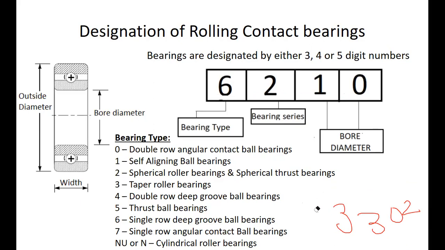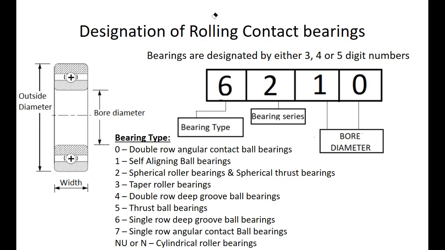So first let us understand the meaning of each digit, and then we will see many examples. So you will understand that this is how rolling contact bearings are designated, and if any 3-digit, 4-digit or 5-digit number is given, what is the meaning of that number.